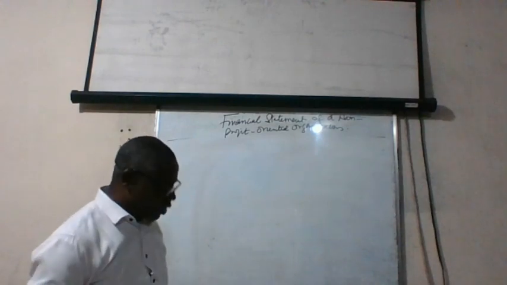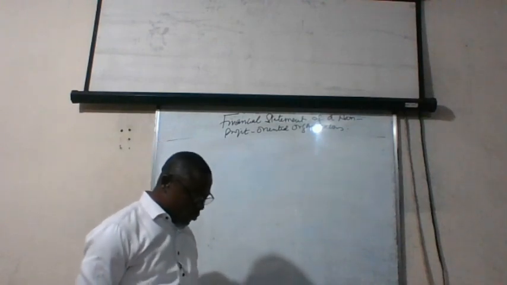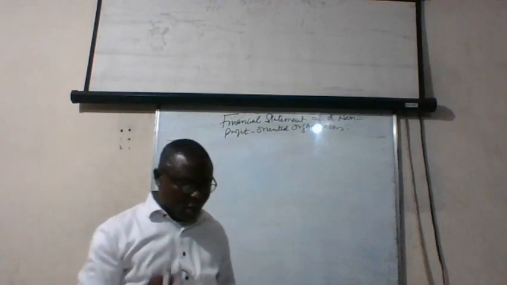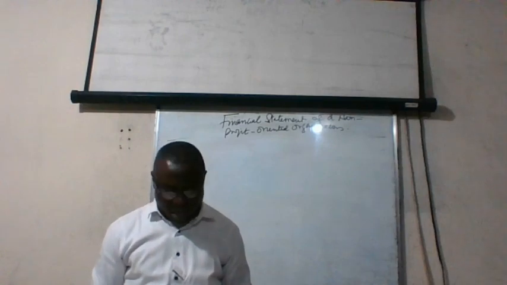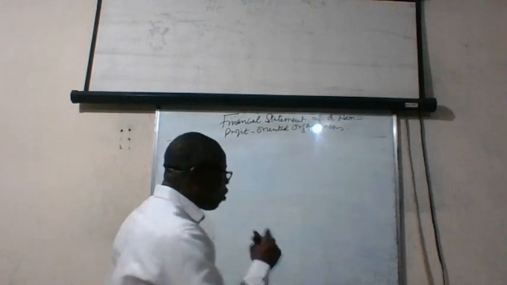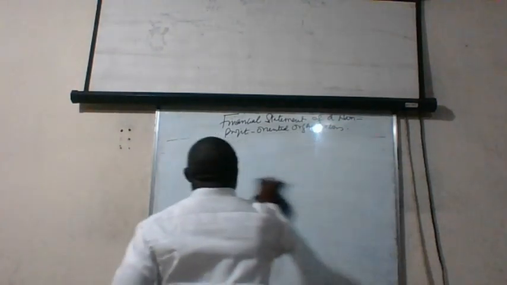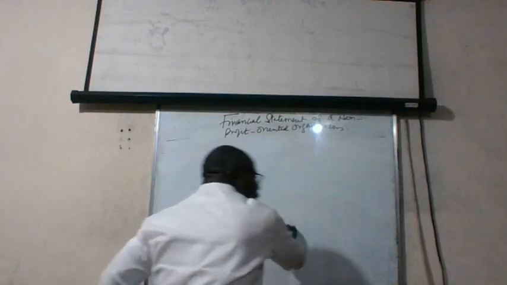We need to understand first that there is a difference between a profit-making entity and a non-profit making entity. Let me quickly state that before I come to this point. Let's look at the difference.